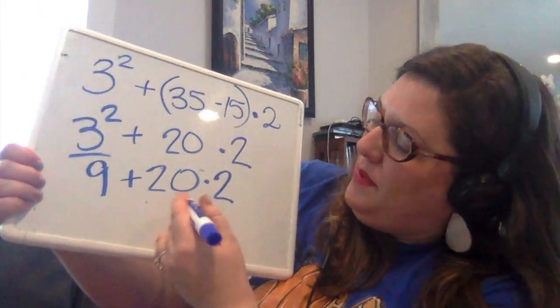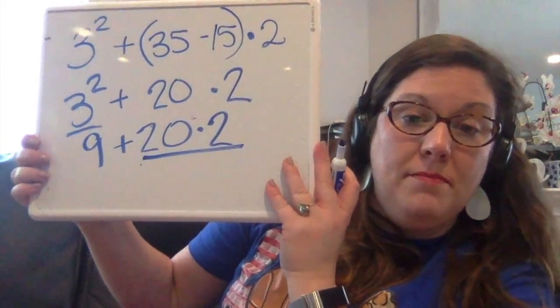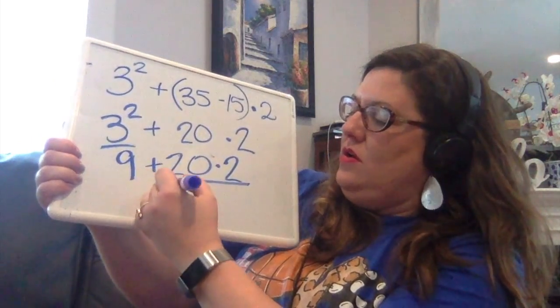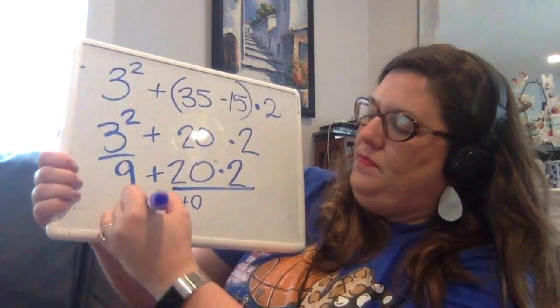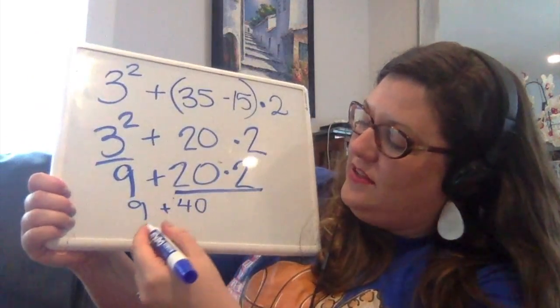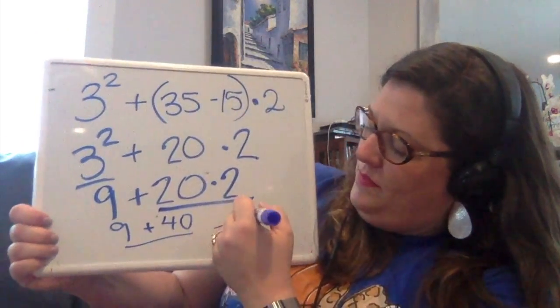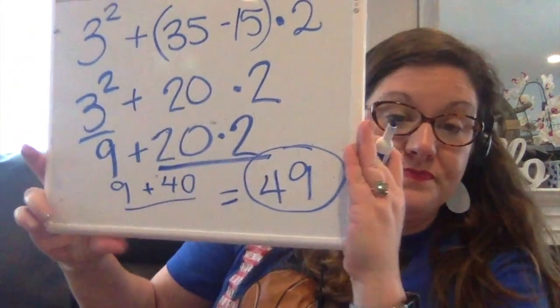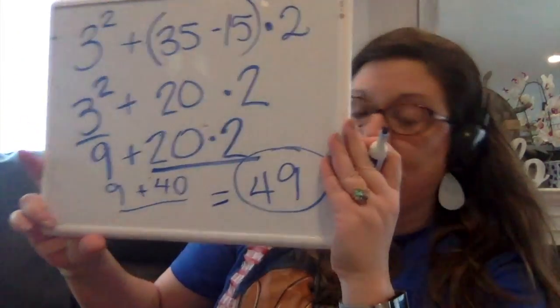Yes, we have multiplication here. So we're going to multiply 20 times 2, which is 40. And last, we add or subtract from left to right. So 9 plus 40 is 49. So our final answer here is 49.